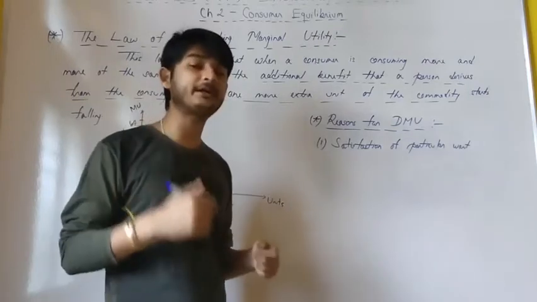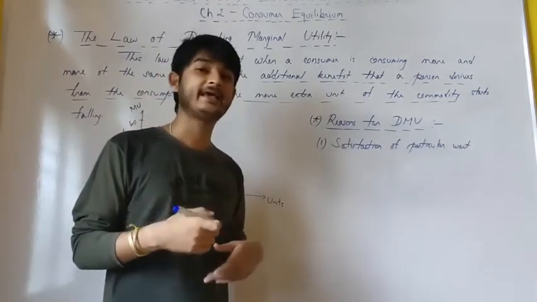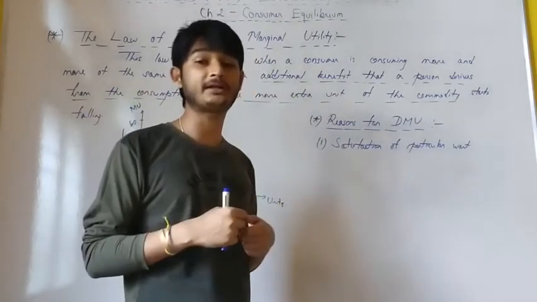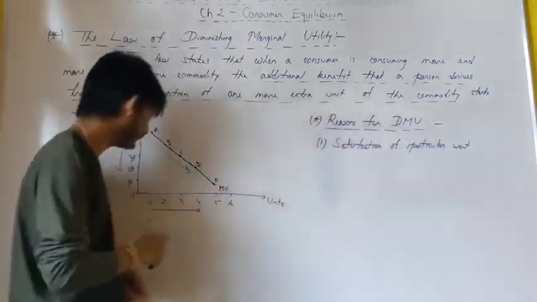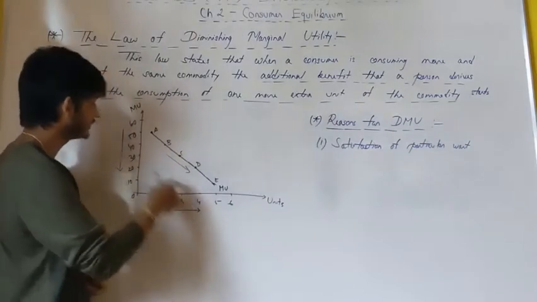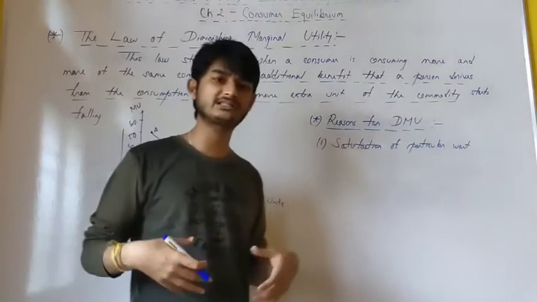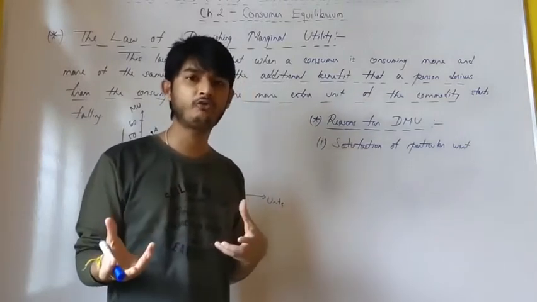So satisfaction of any particular want is possible, and whenever we try to satisfy one particular want, then as we consume more of the same commodity, the marginal utility will start falling. Whenever we are starving, we will take some food.